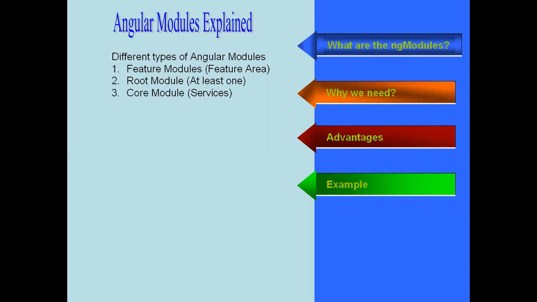The third one is the core module. By the name we can understand what core means. In an application there are some functionalities, such as services, that are the core part, which can be used in other modules, but there should be only one.